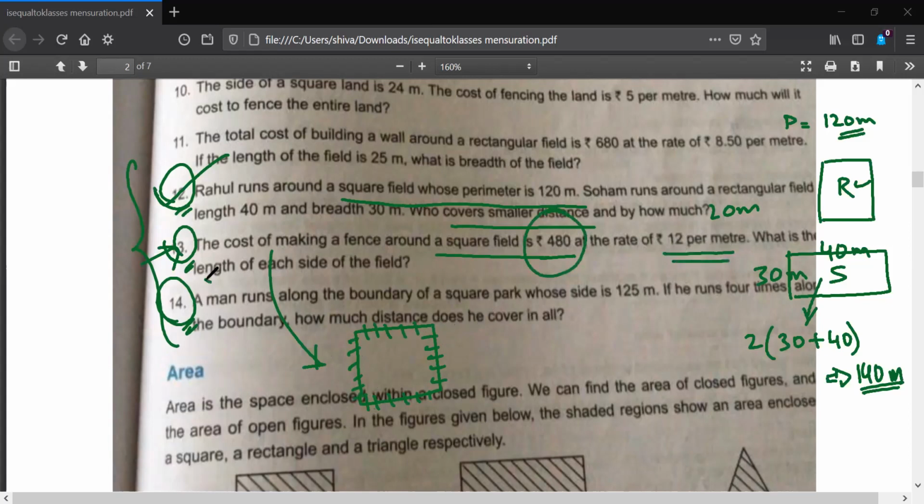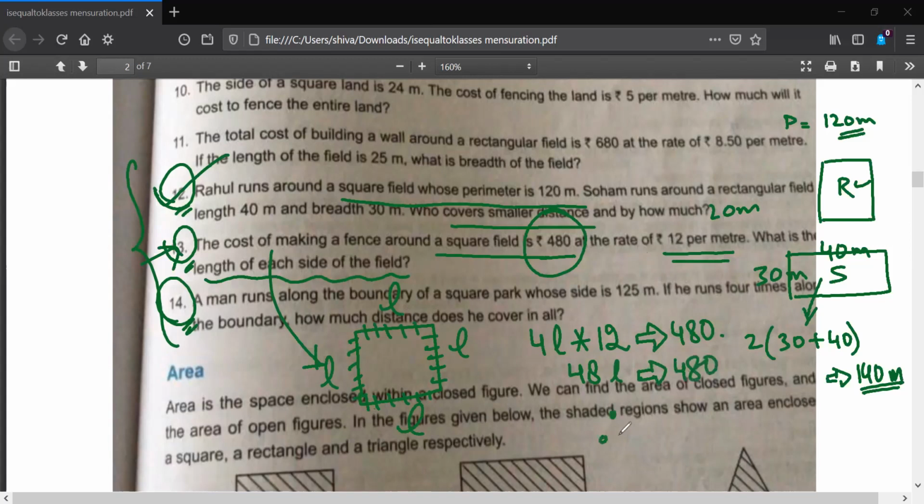So let each side of the field be L. The total perimeter would be 4L. The cost of fencing would be rupees 12 per meter, and this cost is equal to 480 rupees. So 12 into 4L is 48L, which is 480. Therefore, L would be equal to 10 meter.